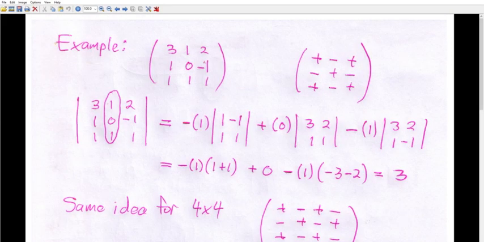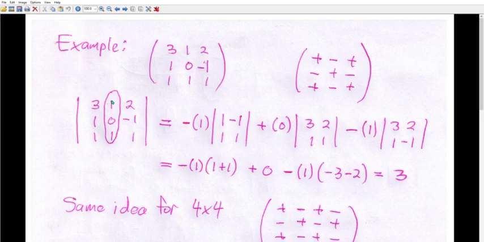Let's do an example. Now, what you're used to doing is expanding around the first row of the matrix, but what we're going to do here is expand around the second column of that same matrix, and here's what we get.